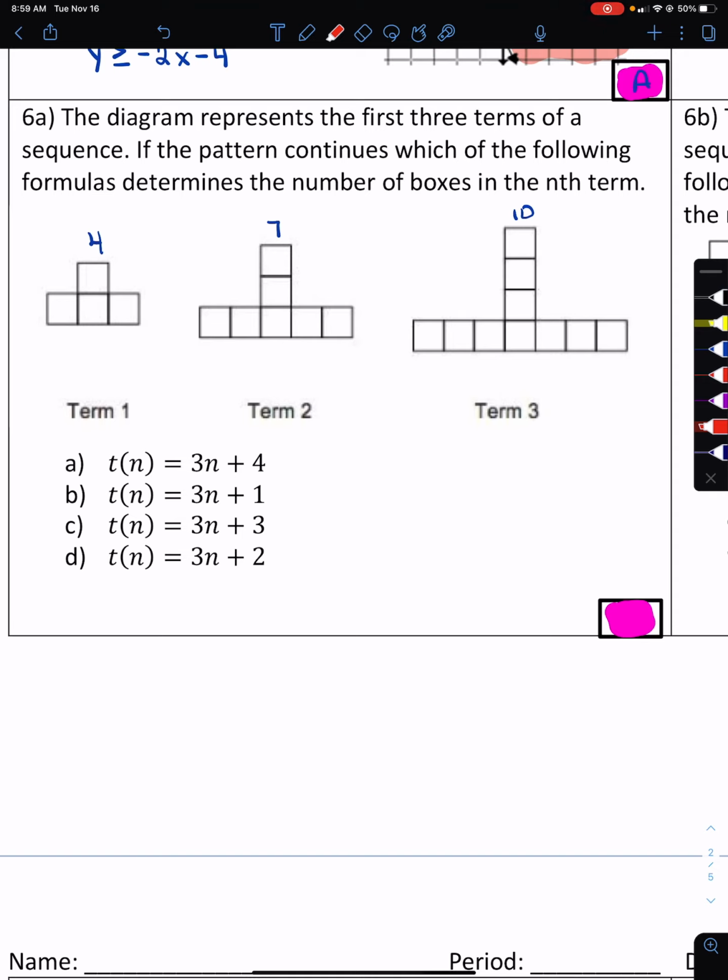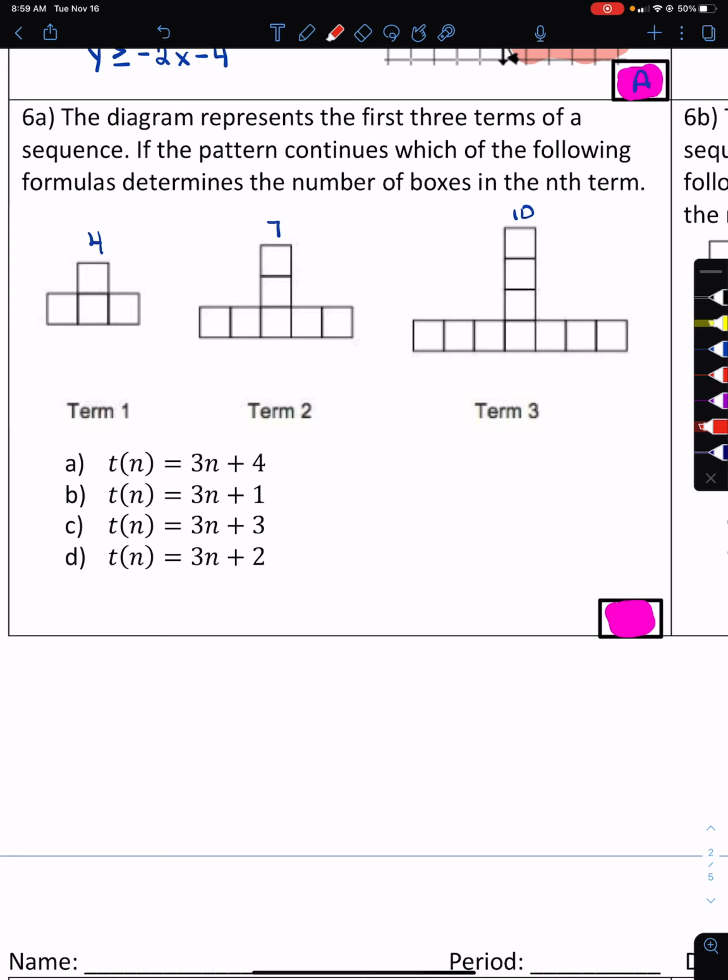The first 3 terms of a sequence, if the pattern continues, which of the following formulas determines the number of boxes in the nth term? Okay, so n is talking about the different terms. So I have the first term, the second term, and the third term.